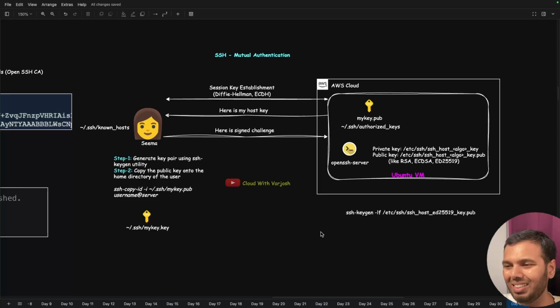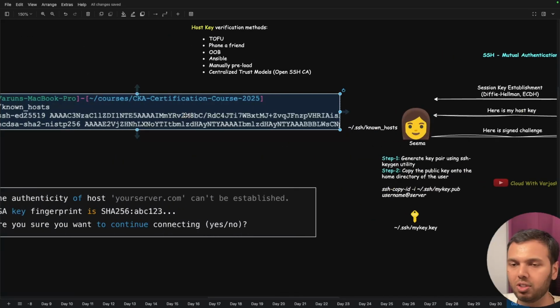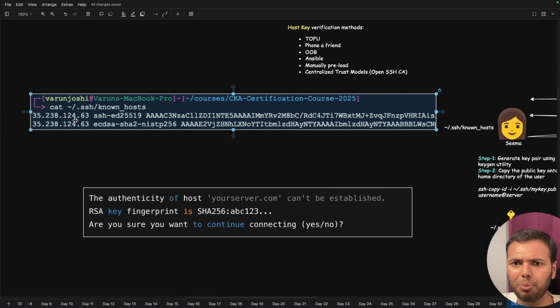You can configure Ansible to copy this public key and paste it onto the known hosts file, along with the identification of the server, which here is the IP address but can also be the DNS name. Once the public key is here, Seema will not receive this message, because the identity of the server and the associated public key are already stored in known hosts. Known hosts implies Seema already knows these hosts.